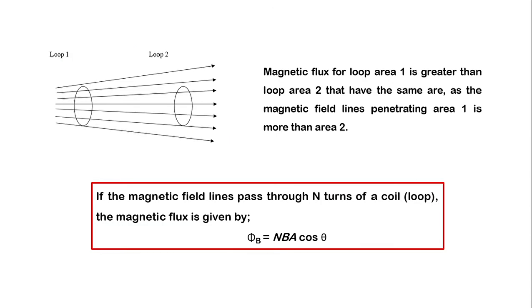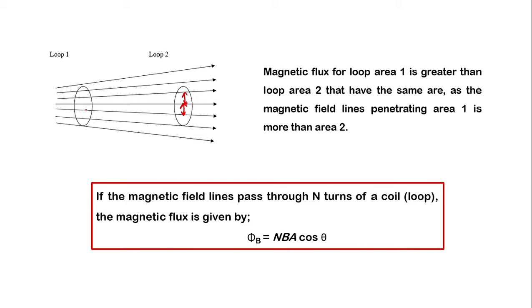Okay, so ini the direction for magnetic flux for the loop. Sama juga macam sebelum ni electric field. Kalau the distance between the magnetic field lines ni rapat-rapat, maksudnya magnetic flux kat sini adalah larger than this area, sebab this area dia punya distance between the magnetic field lines adalah jauh.